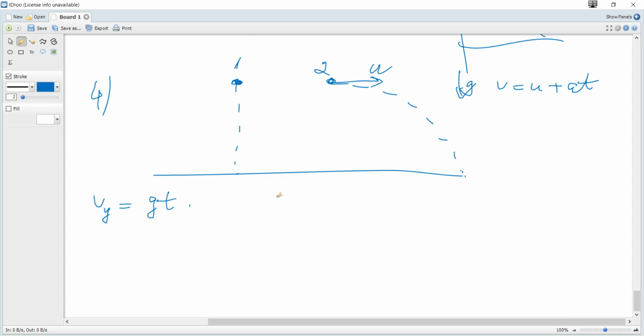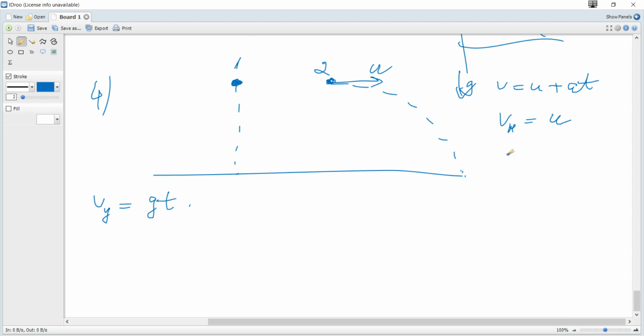And for the horizontal component, for object 1 it's 0. For object number 2, since acceleration is downwards, the horizontal component of acceleration is 0, so the horizontal component of velocity is constant.